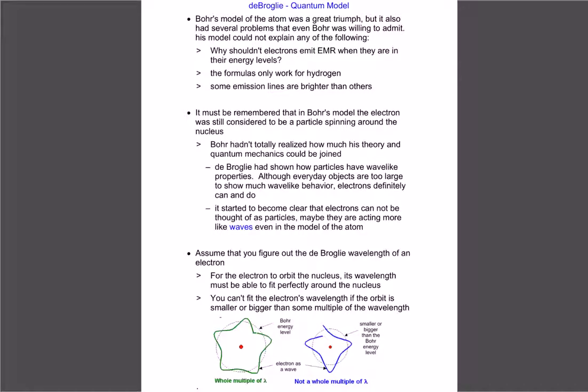So the quantum model is thinking that the electrons are traveling around in orbit as waves, and according to deBroglie, the electrons have to be in a certain location based on a distance to actually fit a complete wave in. So we know one complete wavelength goes from start to finish.